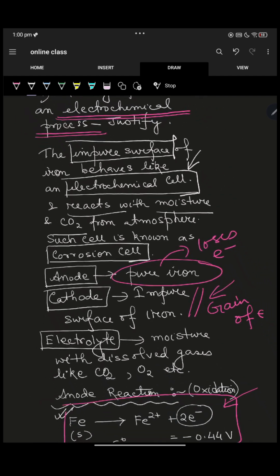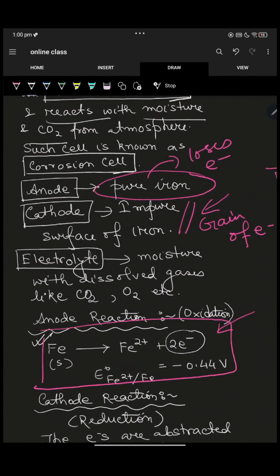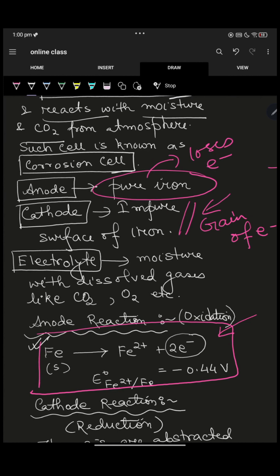Now, what reaction is actually taking place here? At the anode, if it is an electrochemical cell, there should be oxidation taking place. And what happens over here is the pure iron acts as the anode.